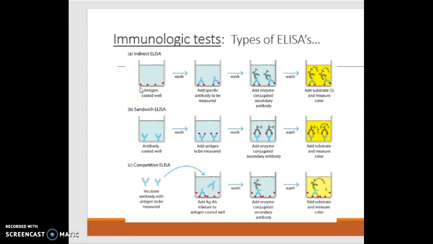Serum or some other sample containing primary antibody is added to an antigen-coated microtiter well and allowed to react with the antigen attached to the well. After any free antibody is washed away, the presence of antibody bound to the antigen is detected by adding an enzyme-conjugated secondary antibody.